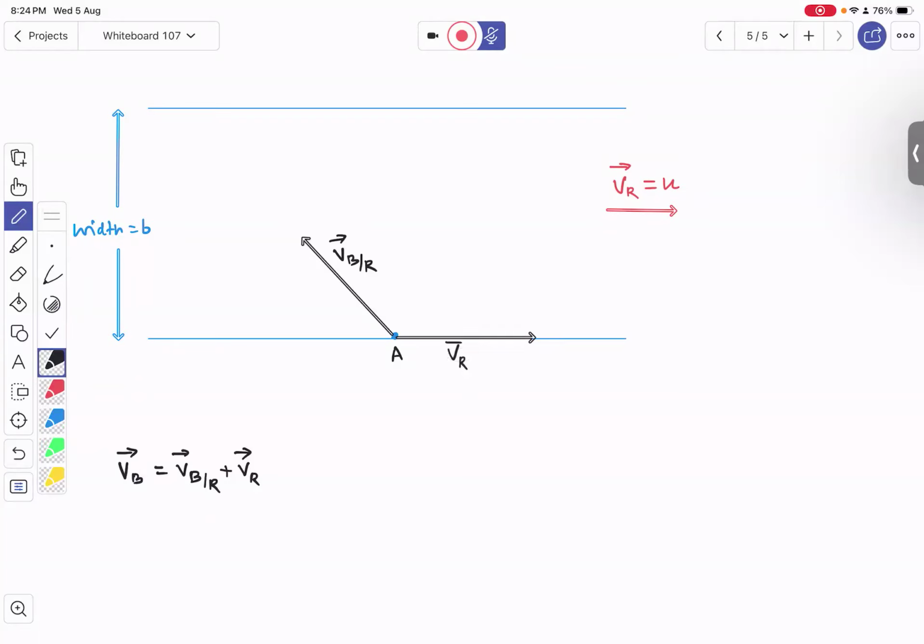Now to add these two vectors, we have to trust the math that if I add these two arrows, the resultant of these two arrows must be lying somewhere in between them. So this is the blue arrow. This is the resultant of VBR and VR.